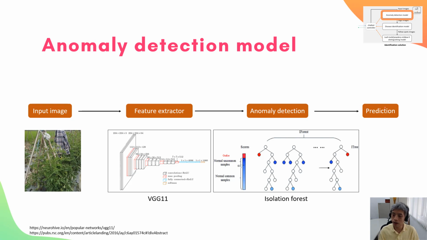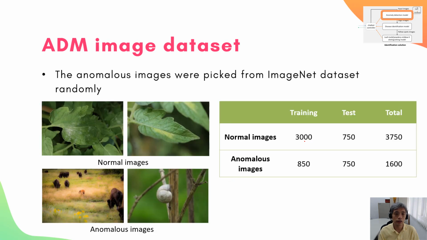This is the architecture of the model. We have a feature extractor in this ADM model, and it's VGG11, a deep learning model. We also have an isolation forest attached after the VGG11, and that is used to distinguish those anomalous images.